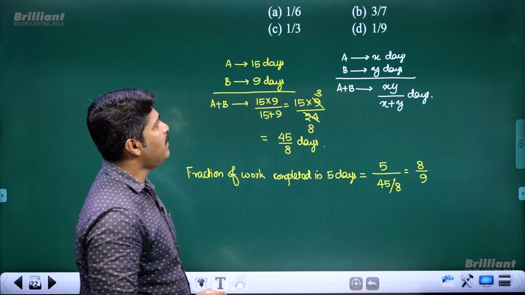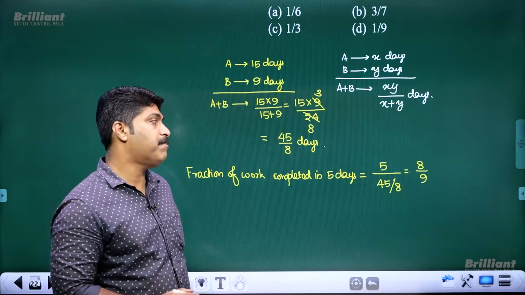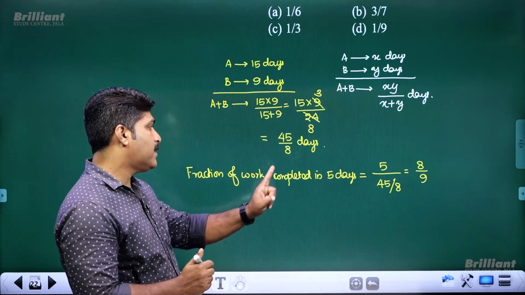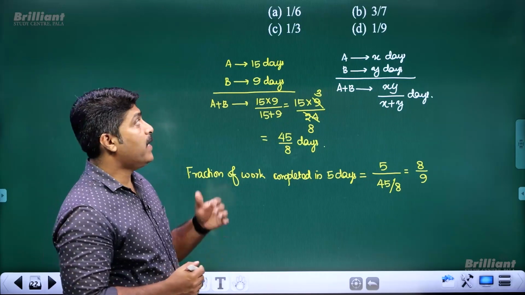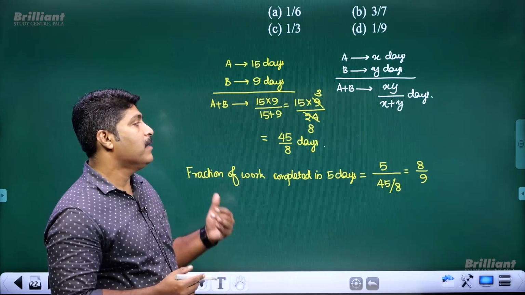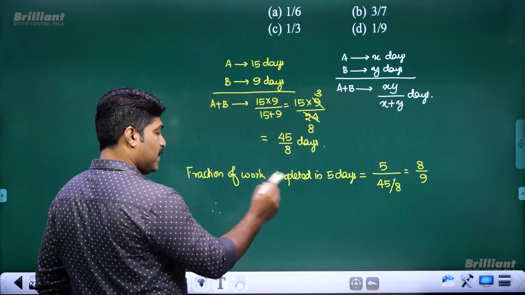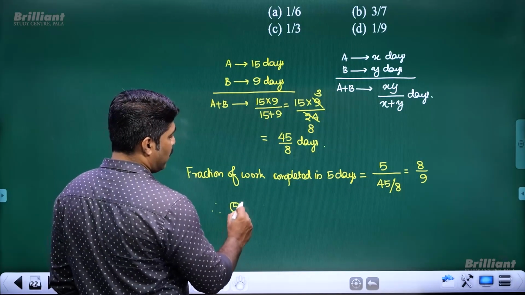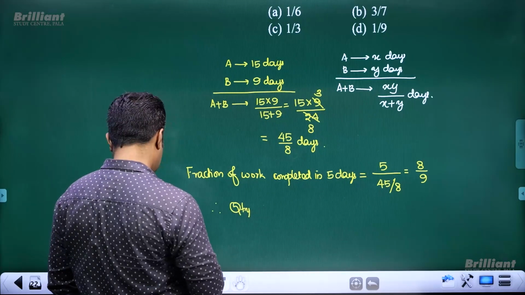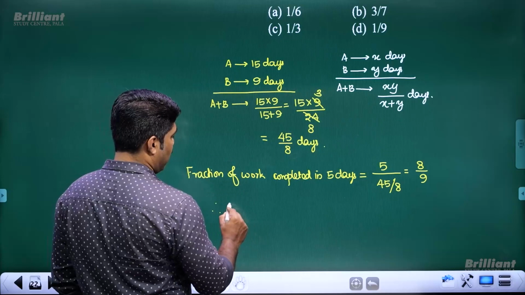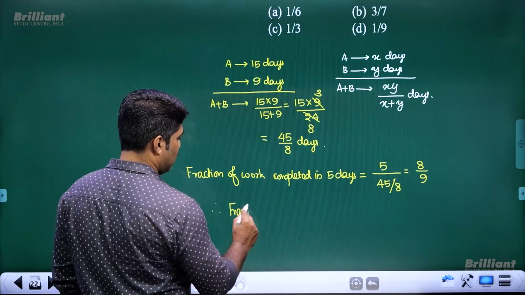So, that means 8 by 9 of the total work is completed in 5 days. Here we have to find the quantity of work left. So, after these 5 days, the fraction of work left.